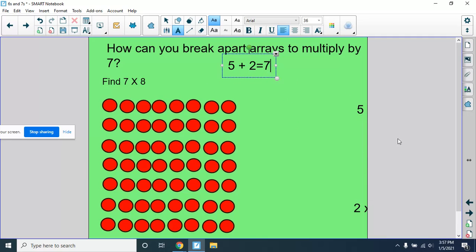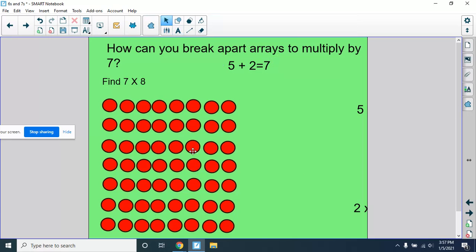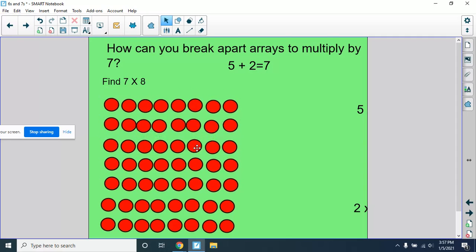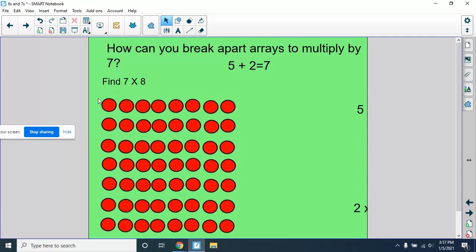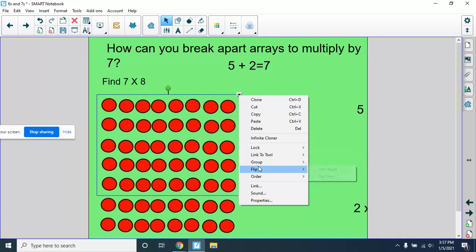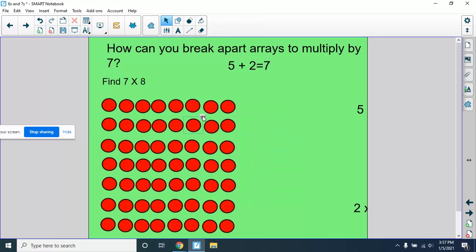When I do that, I'm going to take this array. Whoops, how did you get apart? Stubborn. Let's ungroup that. There's my problem.